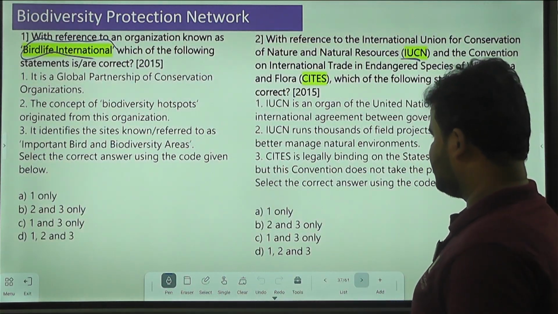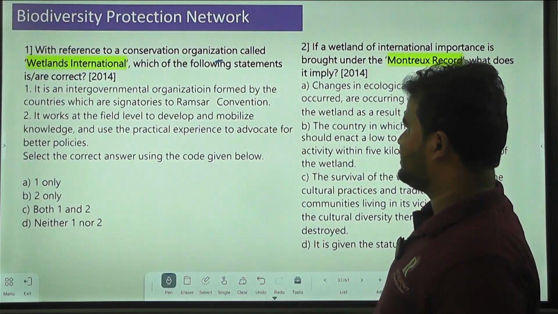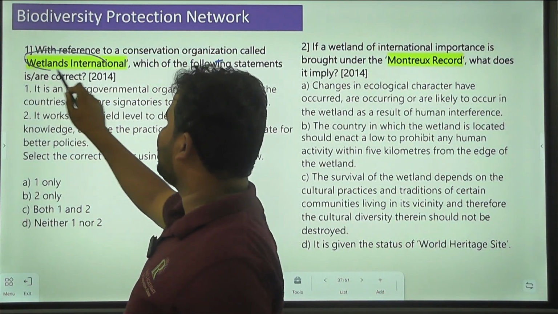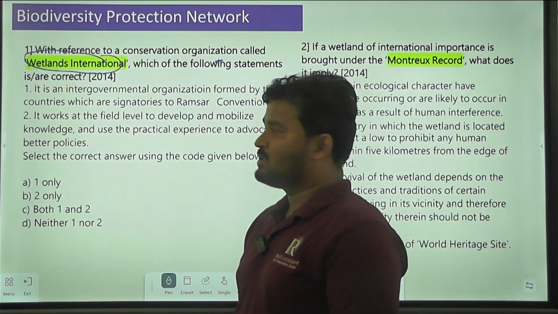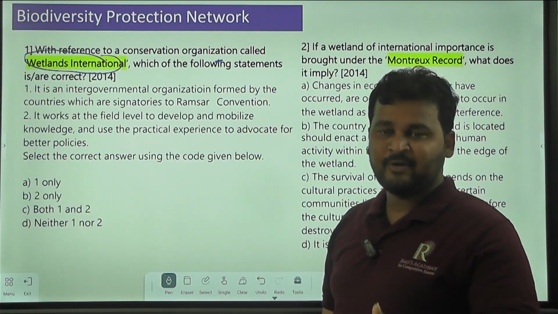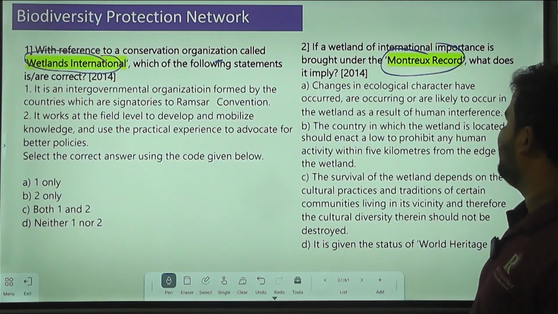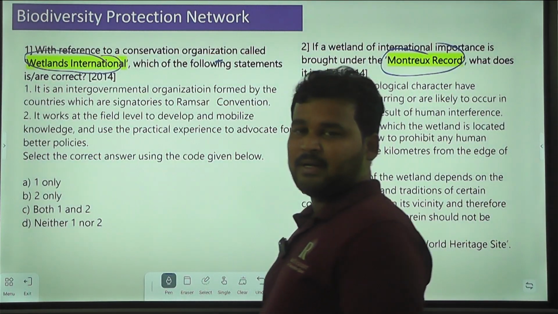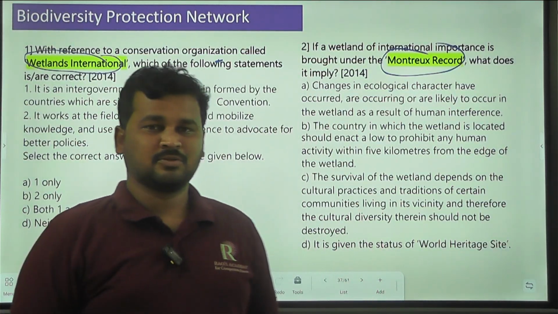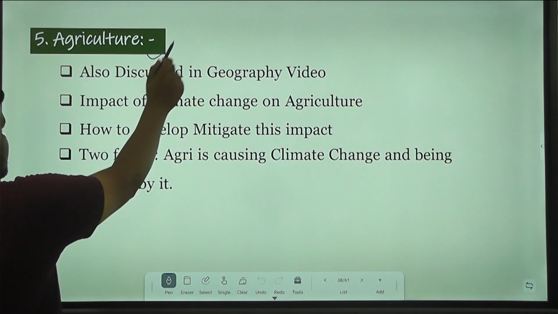And after that, with reference to a conservation organization called Wetlands International, the question is on wetlands. Wetlands International is an organization established to protect wetlands. And again, the Montreux Record. It is also an international accord. Next after that, agriculture.